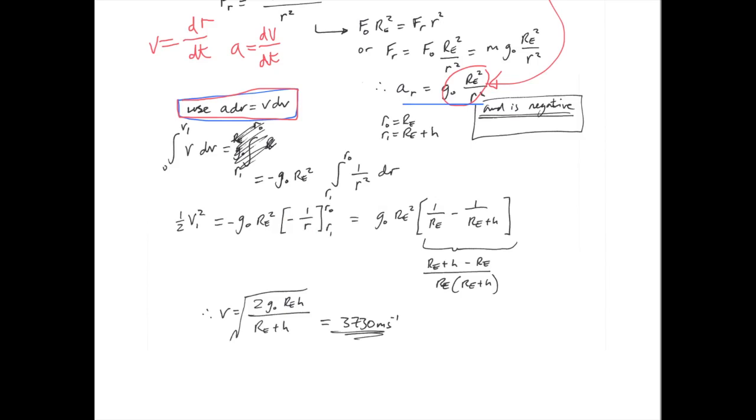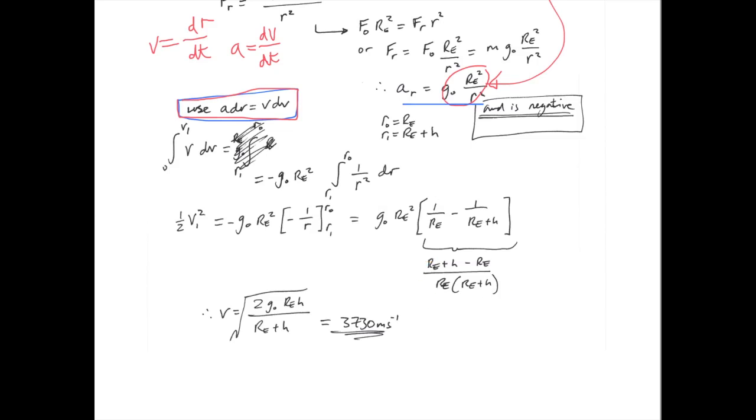And then doing that for the initial and the final conditions, so going from the starting point, Re plus H, to Re, means that by substituting in the minus sign here, you get eventually 1 over Re minus 1 over Re plus H, and this can be simplified by looking at the common factor of the denominators.